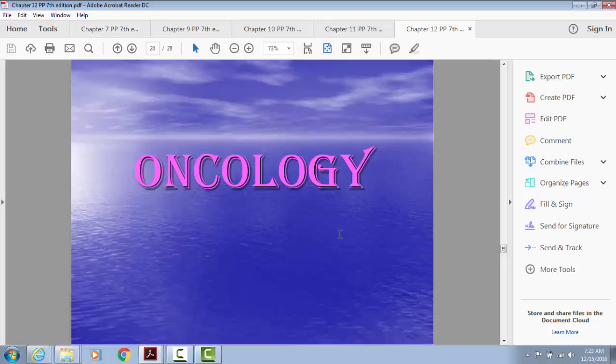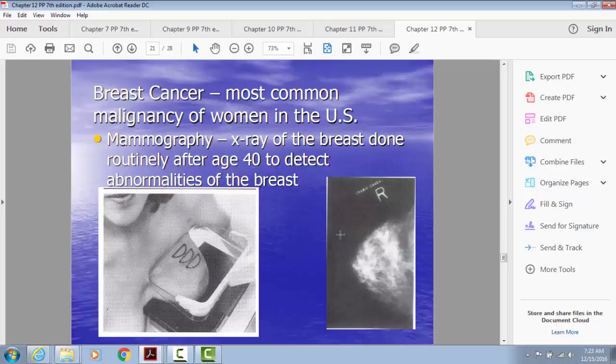Oncology that we see of the female reproductive system. Breast cancer is the most common malignancy of women in the United States. Mammography is done to detect breast cancer, and that is an x-ray of the breast done routinely after age 40.